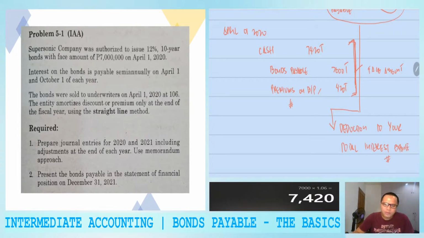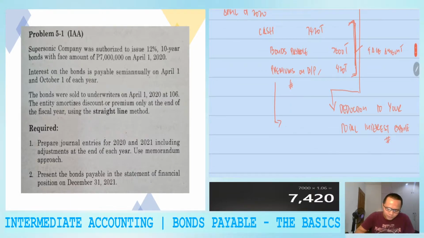which is why, di ba, as noted, these premiums on bonds payable should be amortized regularly. The amortization of this is, no, sorry, not debited, but credited to your interest expense.